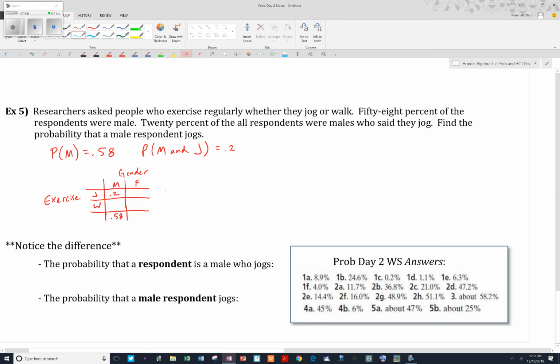We're assuming that male and female are complements, so this is going to be 0.42. And joggers are either male or female, so this is 0.8. Since these two probabilities have to add up to that 58%, this has to be 0.38.